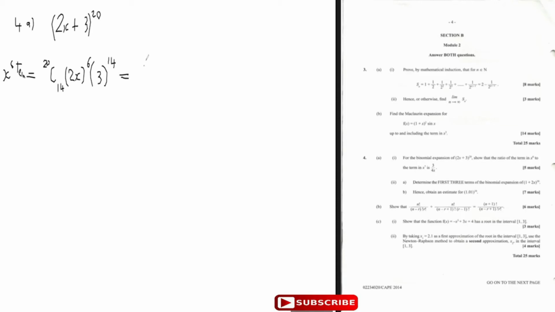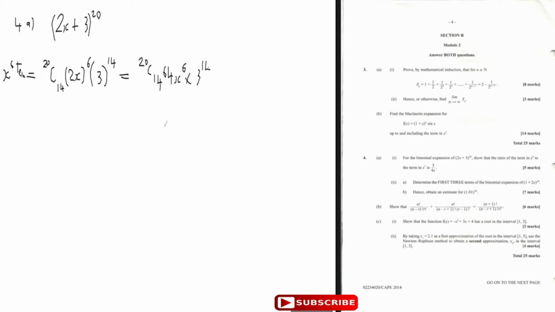I'm just going to write 20 choose 14. 2x to the 6, 2 to the 6 is 64. 64 times x to the 6 times 3 to the 14. That's a big number, so I'm just going to write times 3 to the 14.